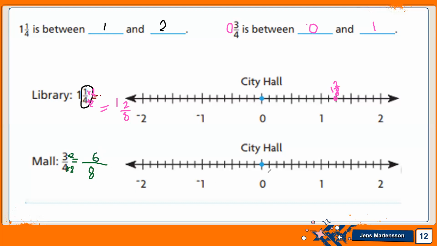Let's count now: 0, 1/8, 2/8, 3/8, 4/8, 5/8, and then it's here. Bravo. So you write it as 6/8, or as the question asks, 3/4. Thank you, Sama.